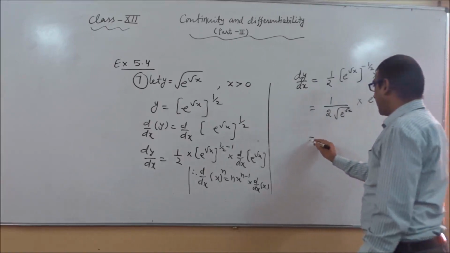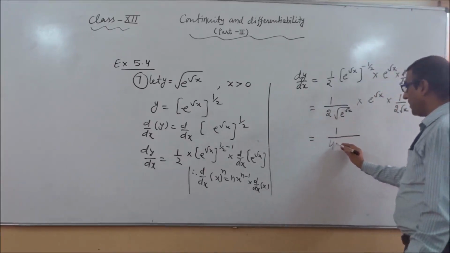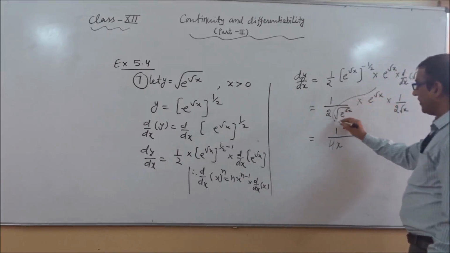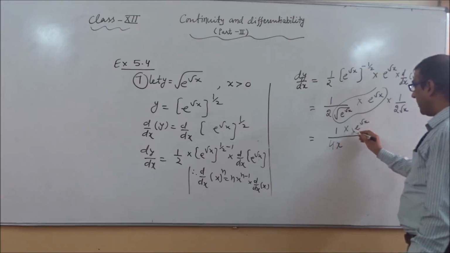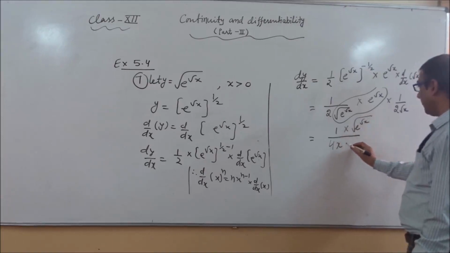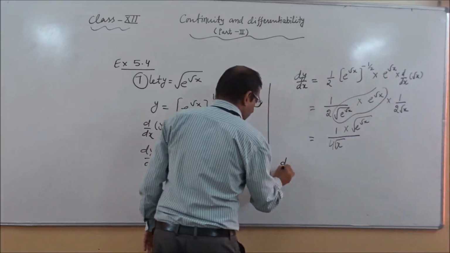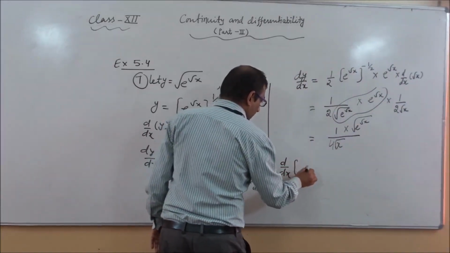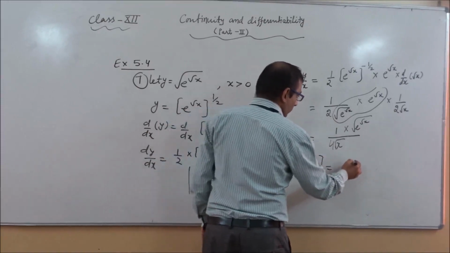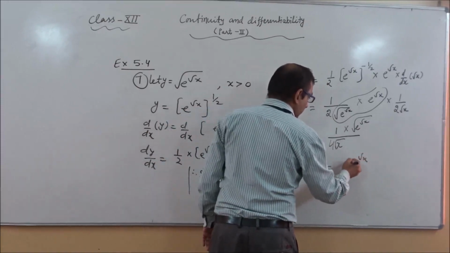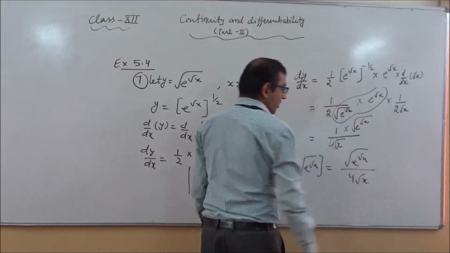It means it can be written as 1 upon 2 into 2, that is 4 under root x, and when we solve these two, it can be written as e under root x in under root, and here we will write 4 under root x. It means d by dx of the given function is equivalent to e under root x in under root upon 4 under root x.